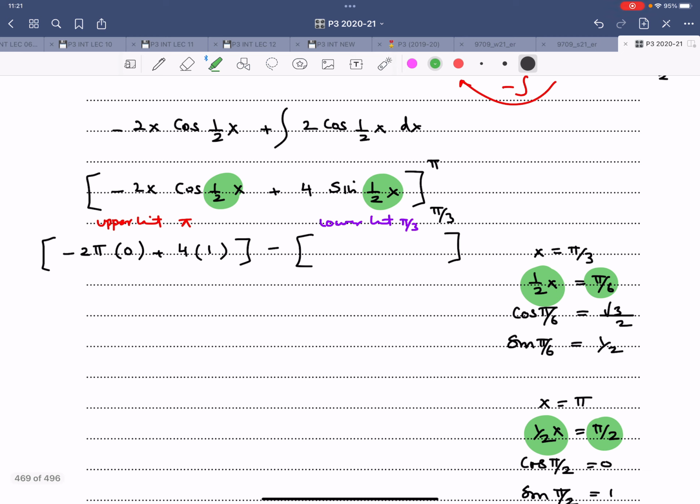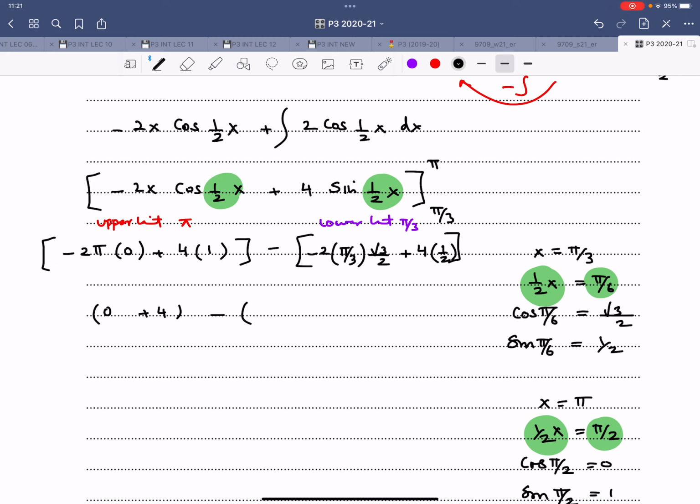When you plug in the lower limit, this is minus 2 into x, which is pi by 3, and cosine of pi by 6 is root 3 over 2, plus 4 times sine of half x, sine of pi by 6, which is half. So basically you get a 0, you get a 4 minus sine, minus is still on the outside, the 2s cancel.